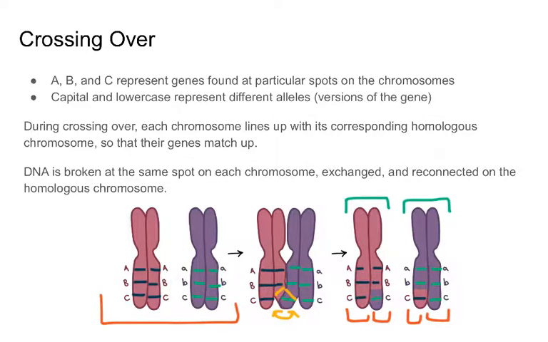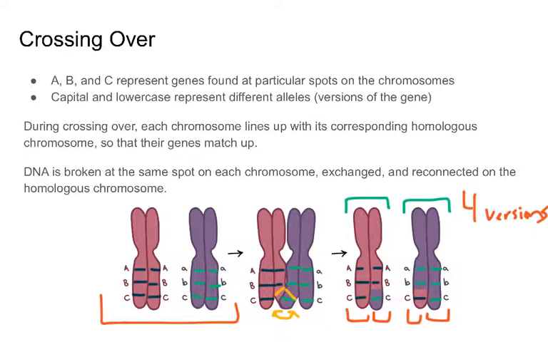That gives us 4 slightly different versions of a potential gamete. Now, this is super important because this is why sexual reproduction leads to similarity and not perfect replication.